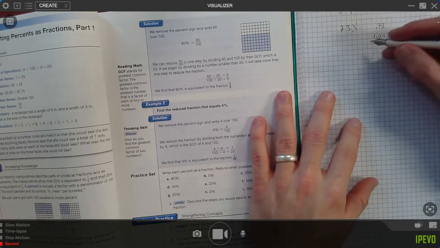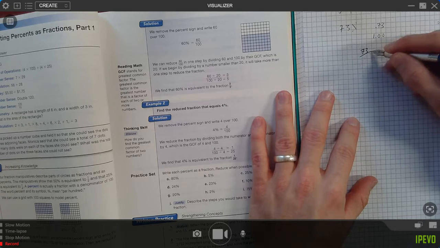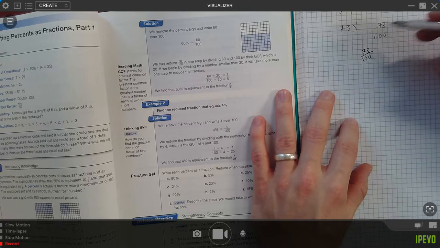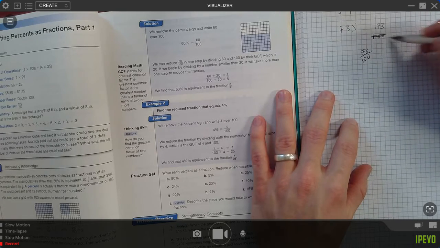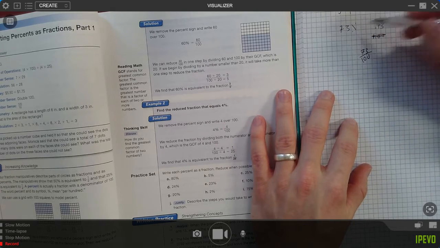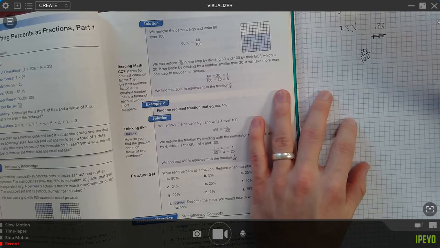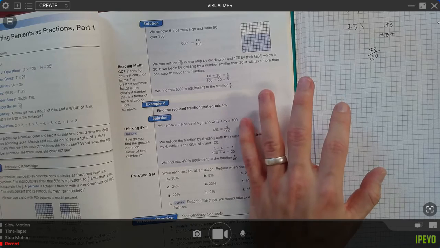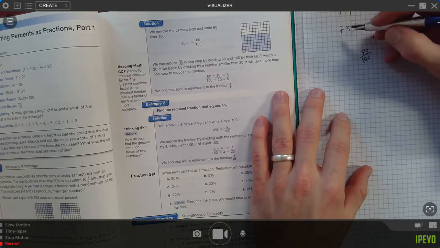Okay, this could be seen as 73 over 100. All of this is the same: 73%, 0.73, 73 over 100. Okay, all of it is the same thing that we're doing.